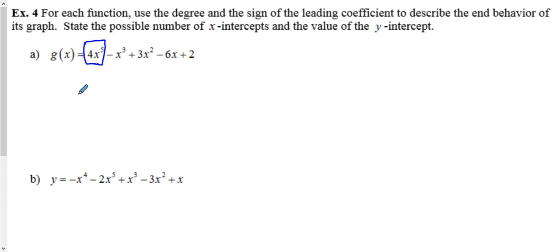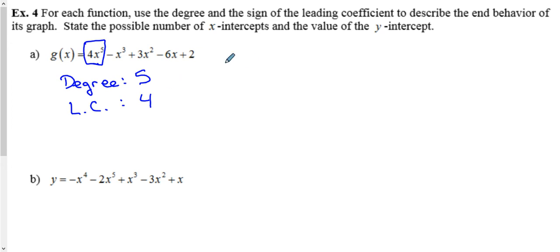It was sorted properly. So this here has a degree. Our degree is going to be 5. Our leading coefficient is the number 4. And so what does that mean? Using the degree and the sign of the leading coefficient, let's describe end behavior.